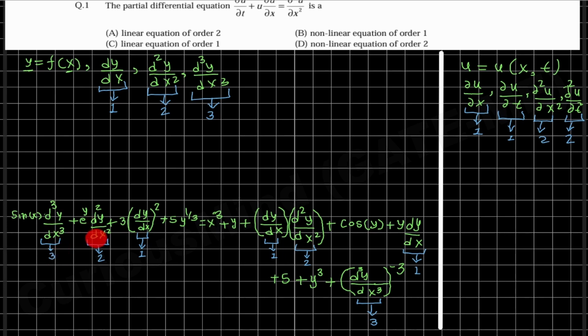The order of this second derivative of y with respect to x is 2. The order of first derivative of y with respect to x is 1. The order of this first derivative of y with respect to x is also 1. The order of this second derivative of y with respect to x is equal to 2. And similarly, the order of this first derivative of y with respect to x is equal to 1. And the order of this third derivative of y with respect to x is 3.